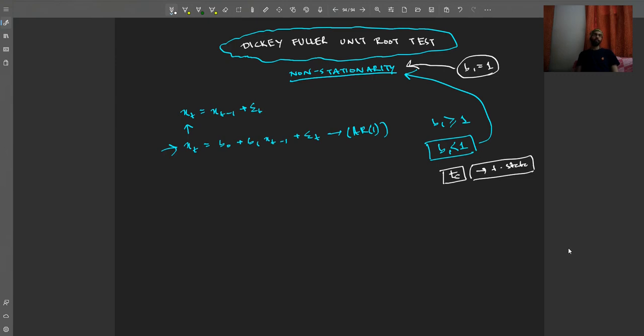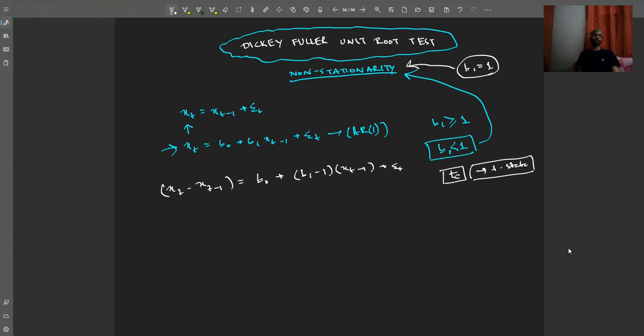What do we do? Here we use something called the Dickey-Fuller unit root test. What Dickey and Fuller did is they subtracted xt minus 1 from both the sides. So xt minus xt minus 1 is equal to b0 plus b1 minus 1 into xt minus 1, because we subtract xt minus 1 from both sides, this happens, plus the error term.